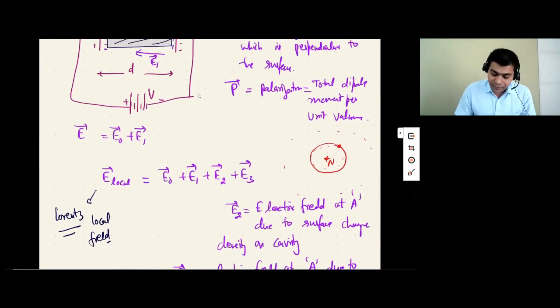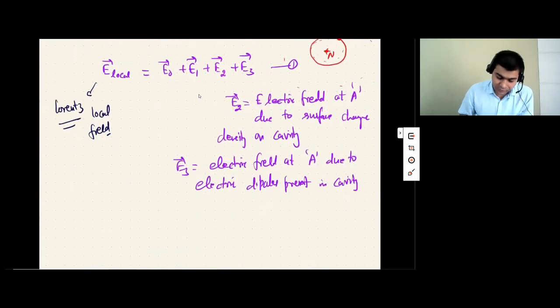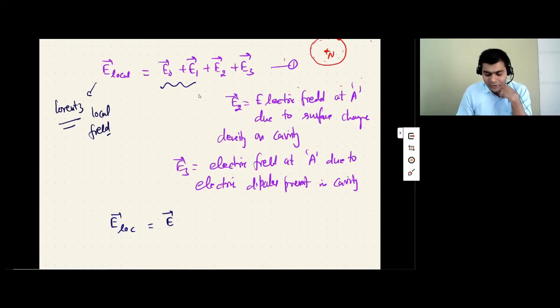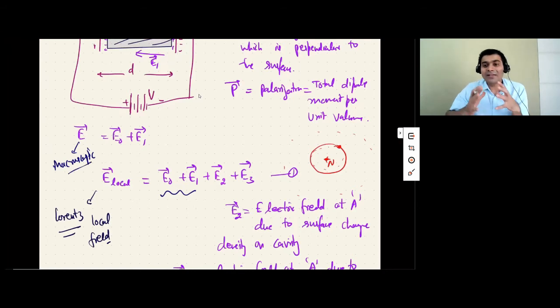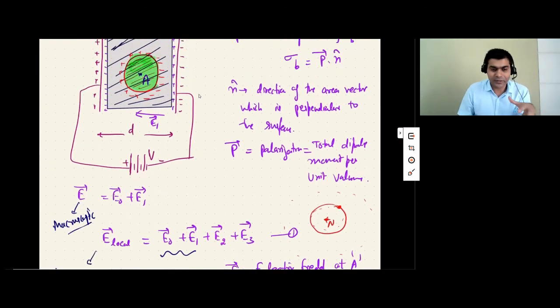Okay, now we are going to calculate this E0, E1, E2, E3, and then we'll put those values back here and get the local electric field. If we go back to equation 1, E local is equal to E0 plus E1, which we wrote down as E, the macroscopic average electric field. This E here is a macroscopic one, because we are talking about the average electric field felt by the dielectric material as a whole in this geometry.